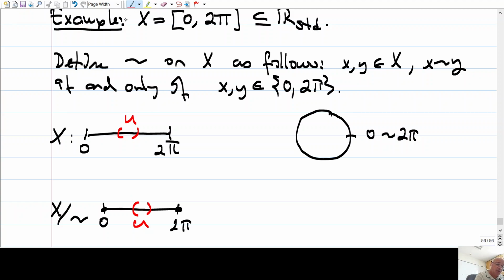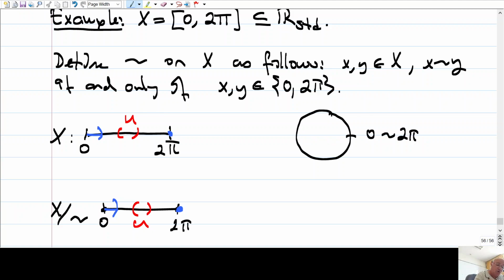What about intervals containing the endpoints? Well, if you choose an interval like this, will it be open? What is the inverse image of this? Inverse image of this is this, right? But you see, this point and this point are identified, and if this belongs to the open set, then in the inverse image this point should belong to the open set.